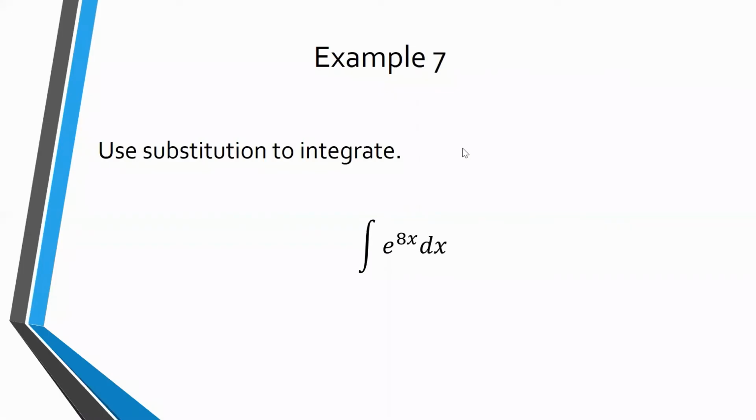This is not a you-do problem, but I would like you to just pause real quick and think about what the integration of e to the 8x could turn out to be if the linear scenario held up in this case.